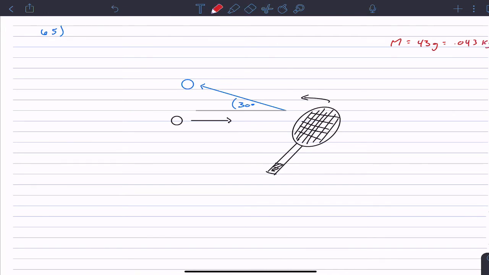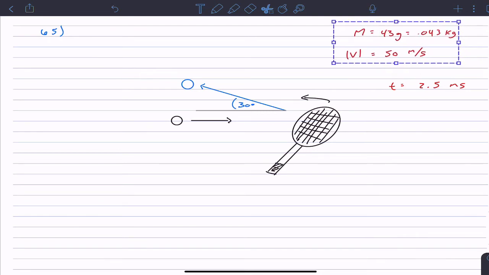We're told that the magnitude of the velocity is 50 meters per second. That's super fast. And we're told that the elapsed time is 2.5 milliseconds. Which is also, here, I'm going to need some room here. Let's move this up.